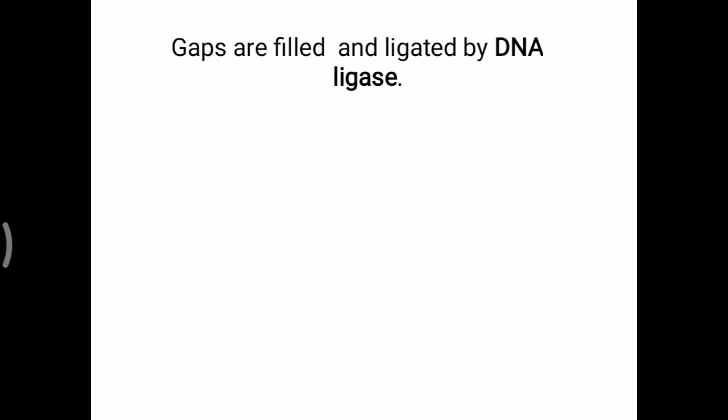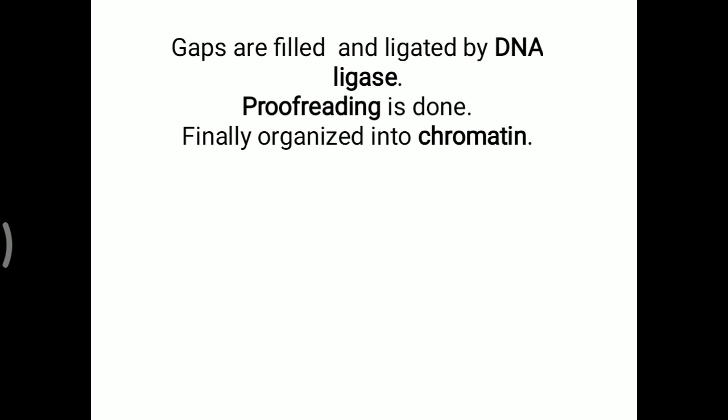So last is the working of DNA ligase. After all this replication is over, proofreading is done to check whether replication occurred properly or not. If it is found faulty, then the DNA repair mechanism will work, and once DNA replication is completed, the newly synthesized DNA will be incorporated into the chromatin.